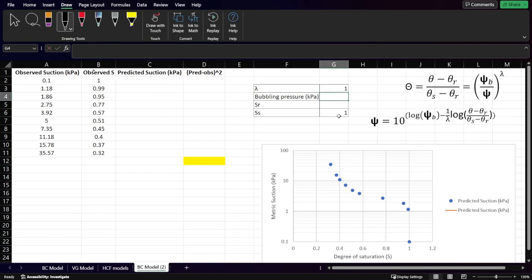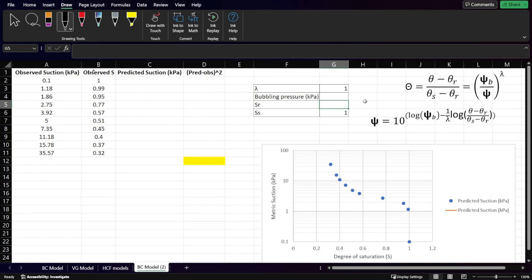The bubbling pressure is also unknown. These parameters are tuned based on the experimental results. Our objective is to find the optimal values of these three parameters. Only then will we be able to apply this equation, and it will give us the prediction model for the soil water characteristic curve.